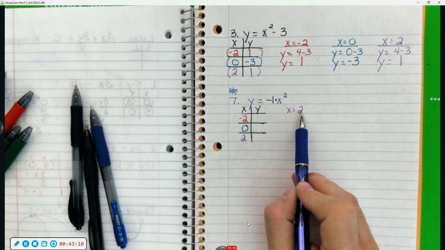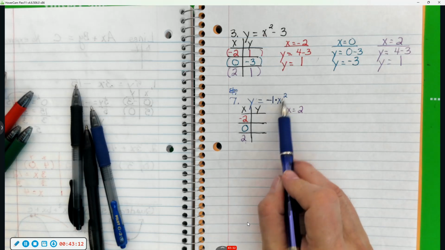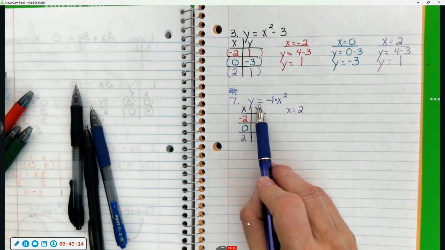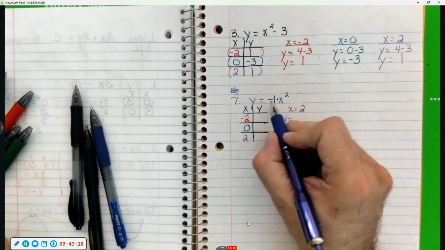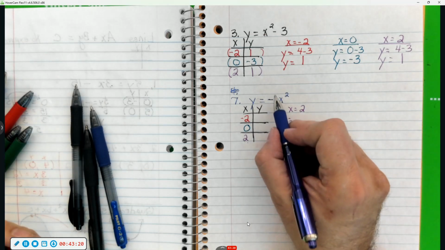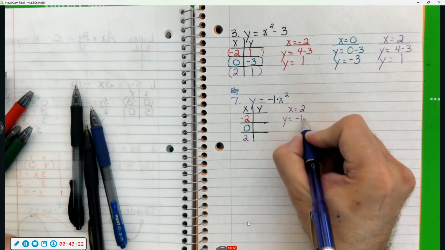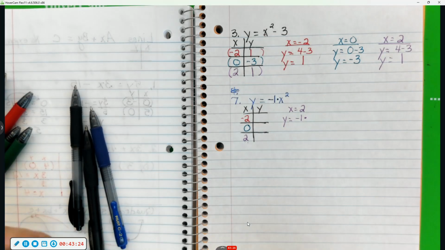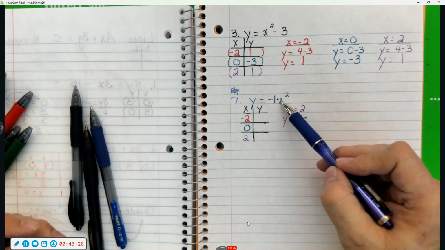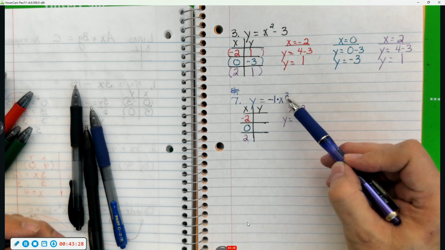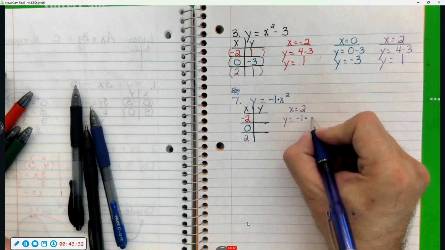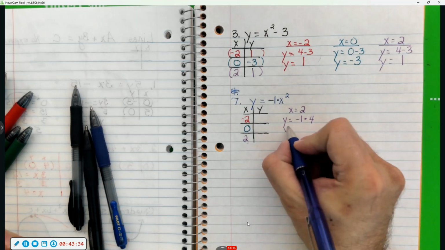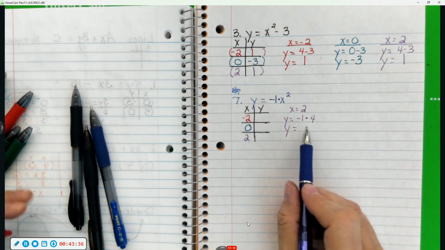If I plug +2 in for x, we have y equals, and instead of writing just negative, I'm writing -1 times, now here's where you do the squaring. 2 squared is 4. So what am I saying this y value is going to be?